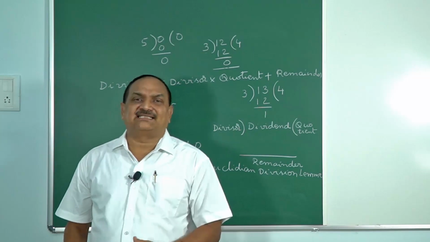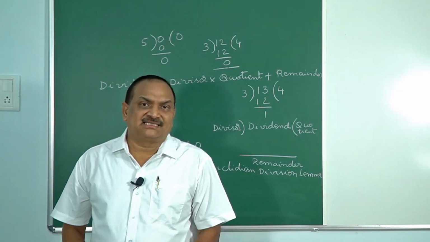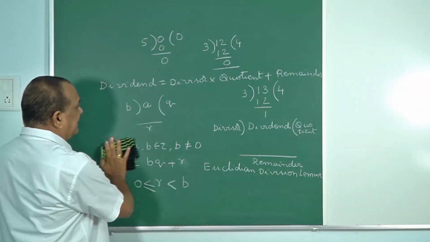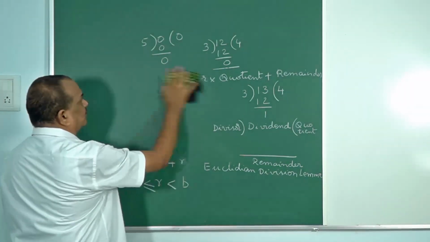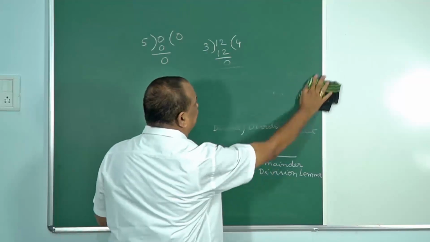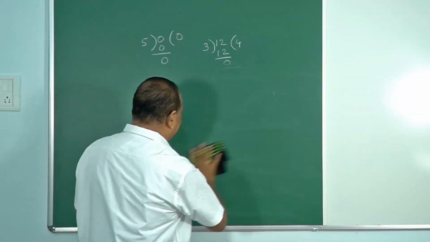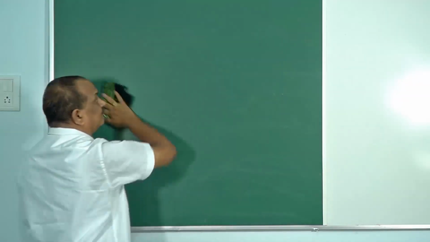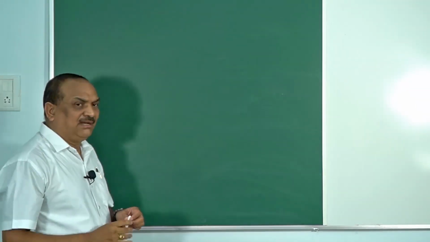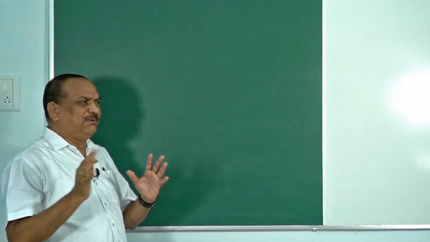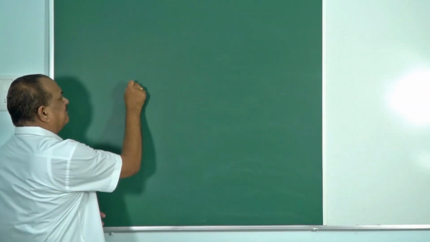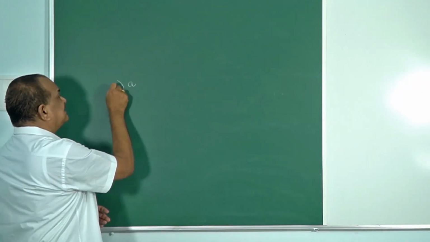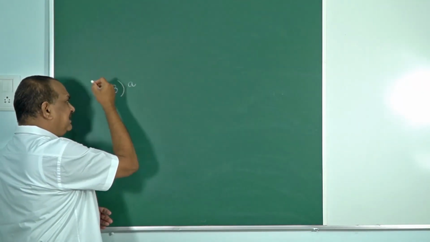There are some interesting things, of course, that you have to notice when you talk about this simple division. Say for example, I take some number a, and I want to divide it by, let us say, 3. Now, my contention is not a very complicated one. There is some integer I have taken, and I have divided this integer by 3.